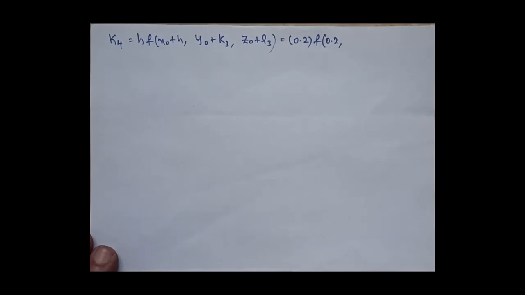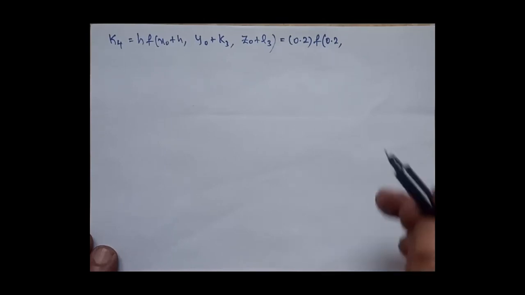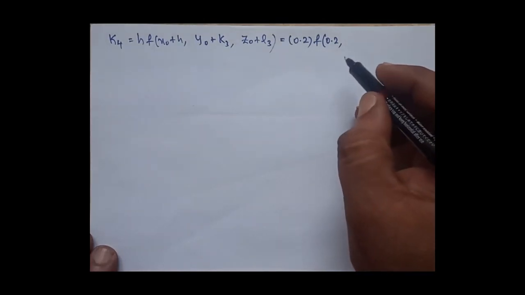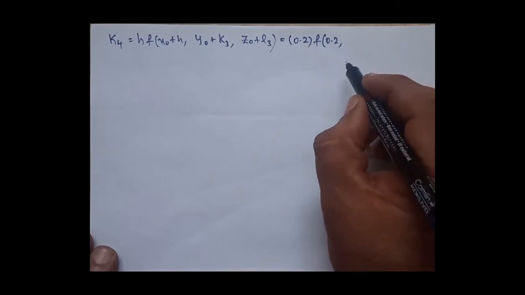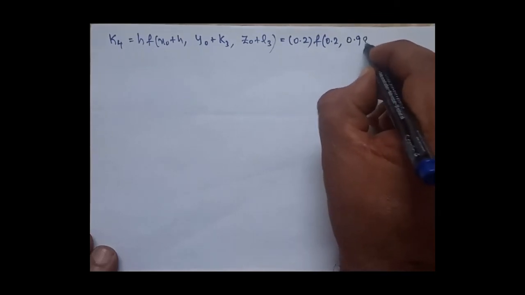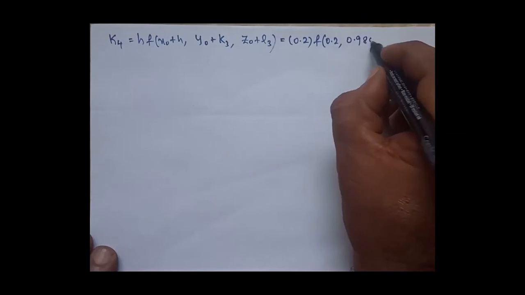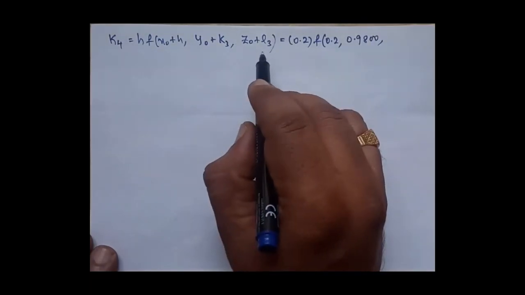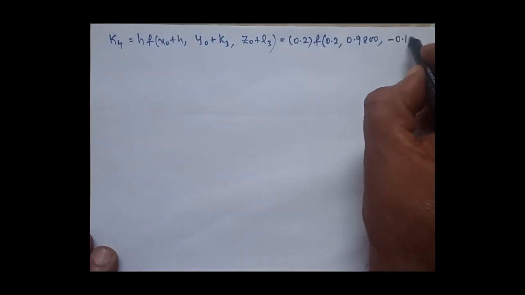Y naught was 1 and k3 is minus 0.01998, so it is 1 minus 0.01998, which gives 0.9800, comma z naught plus L3. Z naught is 0, L3 is minus 0.1958.